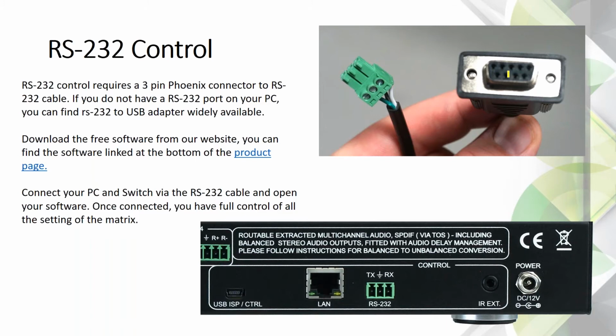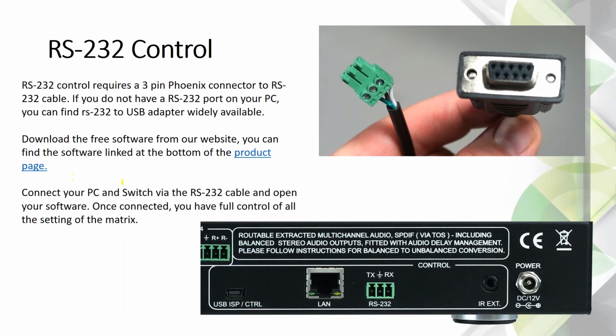Okay, the other method of control is RS-232 control. We do provide a 3-pin Phoenix connector to 9-pin 232 adapter. So you may have to pull out your 232 to USB converter plug, but they're pretty much readily available everywhere now.